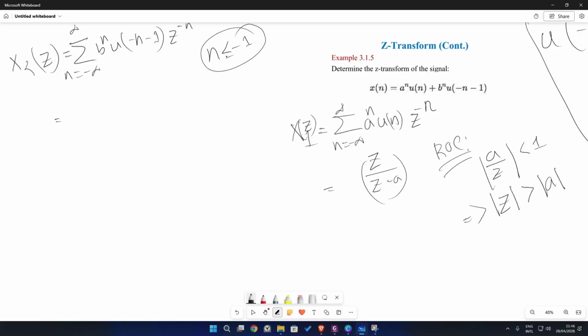If n is less than or equal to minus 1, then the term u[-n-1] will be 1. So we need to take n equal to minus infinity to minus 1, and here this will be n equal to 0 to infinity. So now b to the power n into 1 into z inverse n.